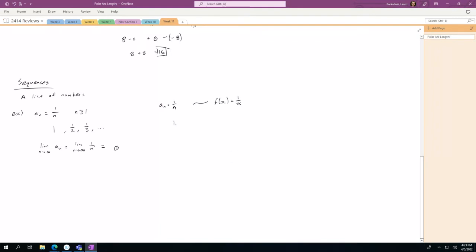And what I say is if the limit as x goes to infinity of my function is equal to some value L, then what I have is that the limit as n goes to infinity of a sub n is that same limit.